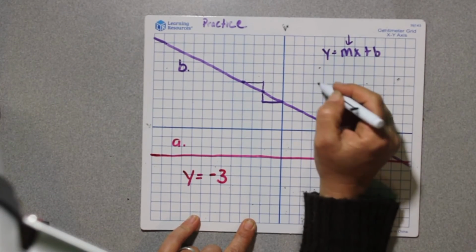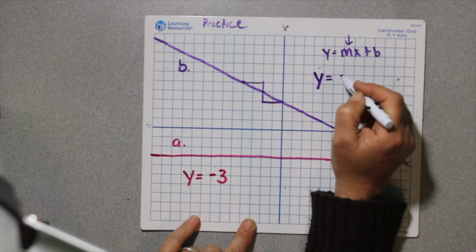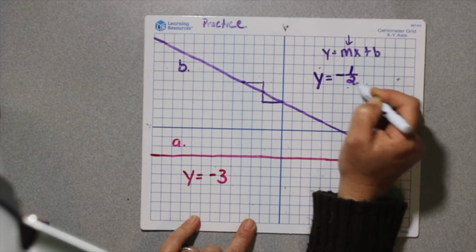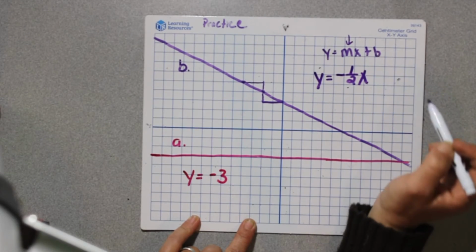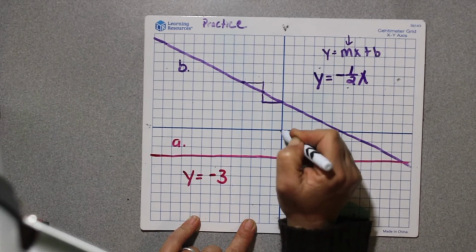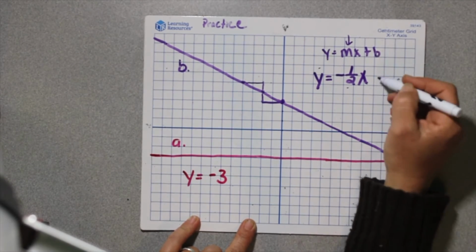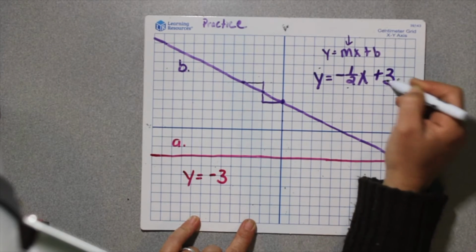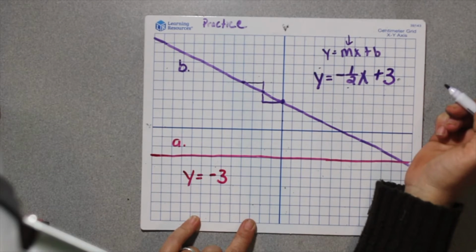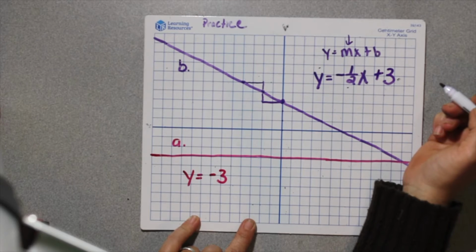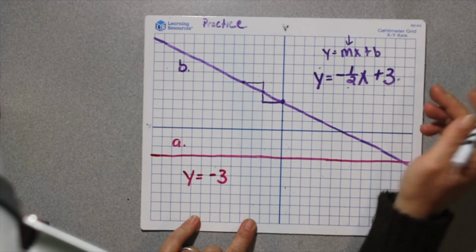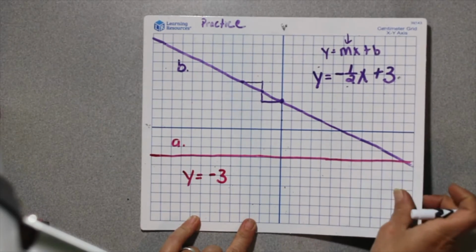Write that a little more clearly. Y equals negative 1/2 is our slope, x. Now we need to find our y-intercept. Here's 0. 1, 2, 3 is where it crosses. So plus 3. Y equals negative 1/2 x plus 3 is the answer for B on your practice problems.